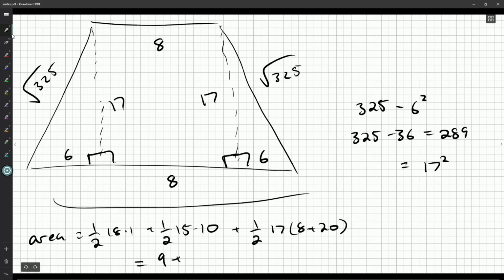So we'll get 9, 10 divided by 2 is 5. 5 times 15 is 75. 28 over 2 is 14. I don't know what 14 times 17 is. 238.